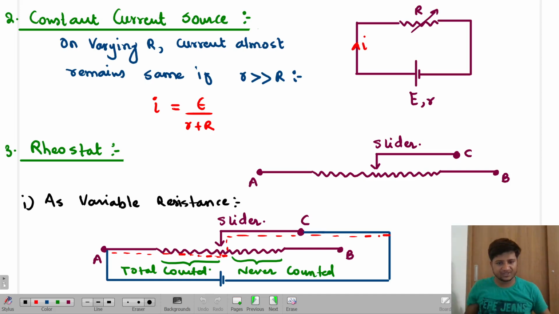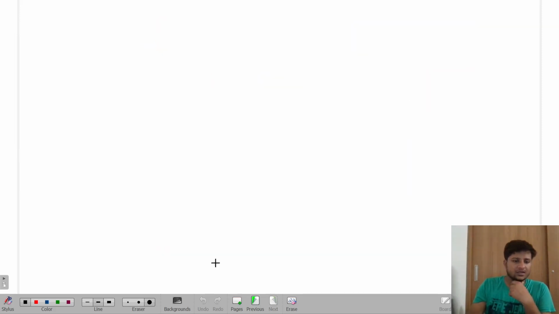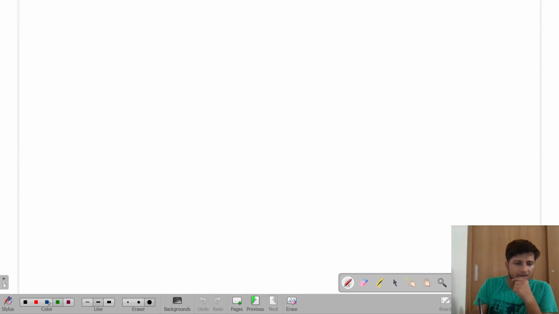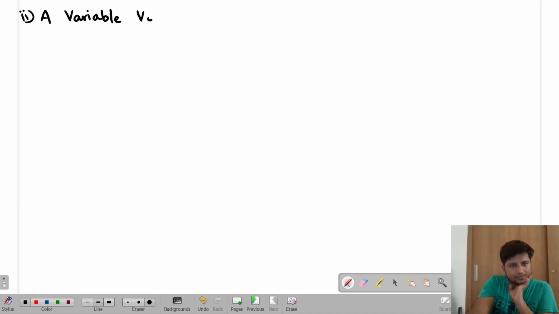Can I move ahead? The second thing for which a rheostat is specifically used is as a variable voltage source also.